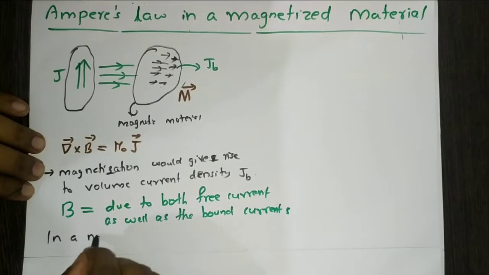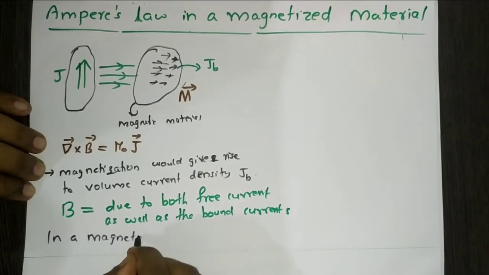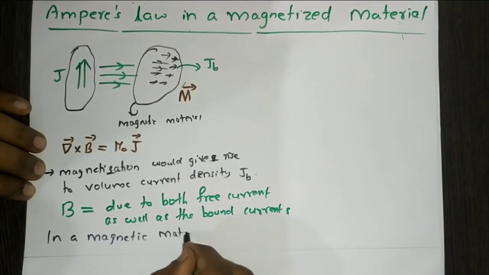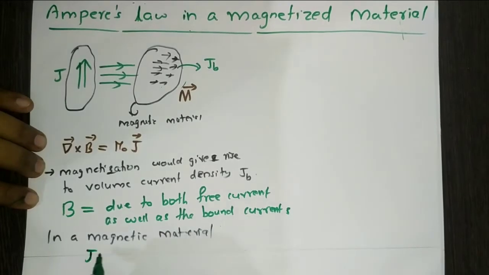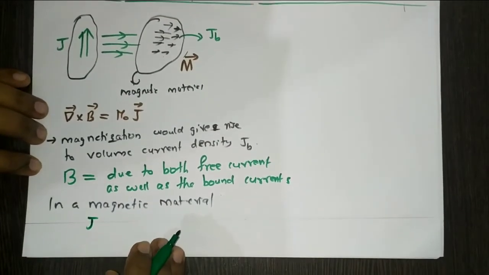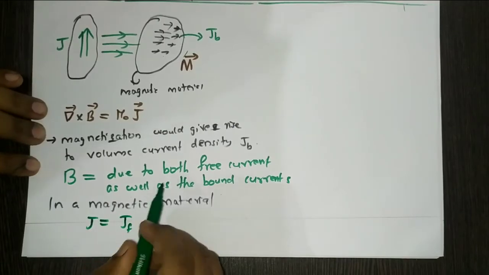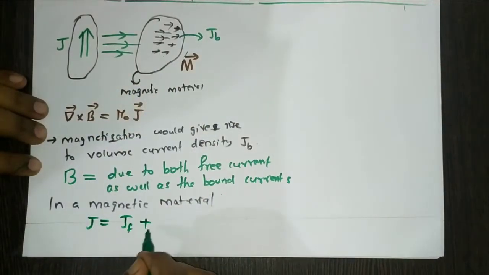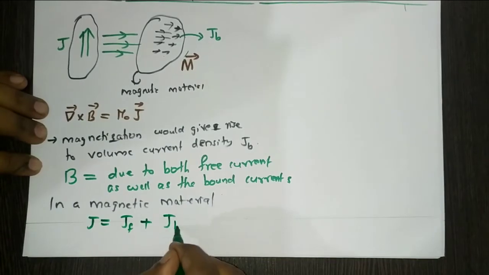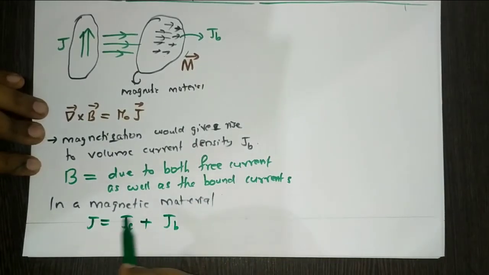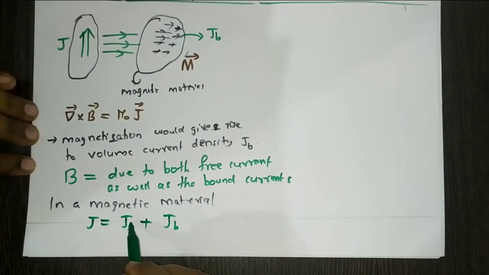In a magnetic material, J can be written as JF, the free current, plus the bound current JB. This JF is the current applied from outside.